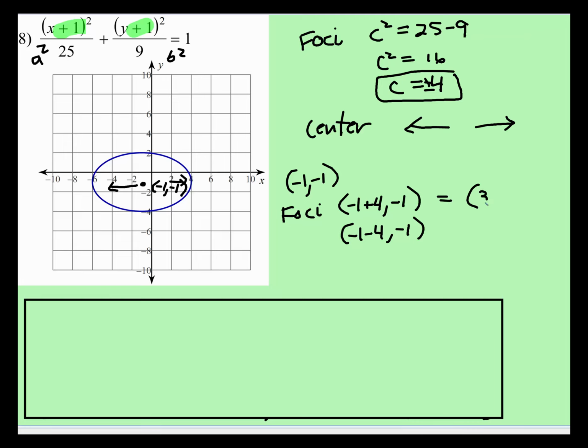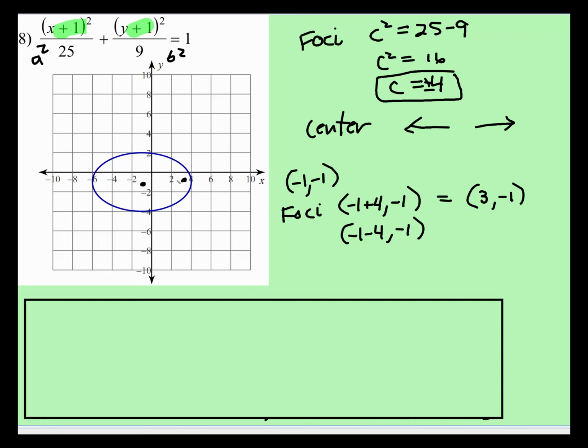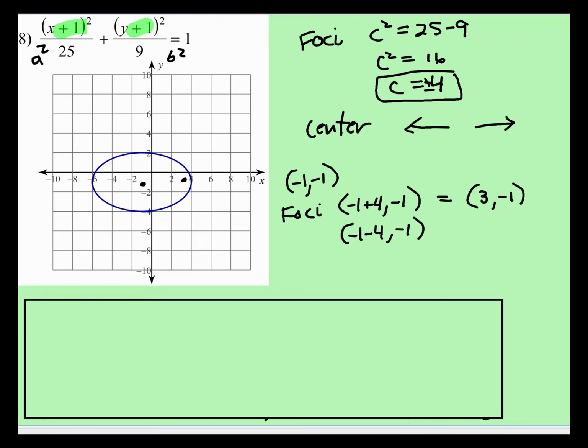This becomes 3, -1, so at (3, -1), and -1 subtract 4 is -5, so at (-5, -1). Right about there. And there's our center and our 2 foci for an ellipse.